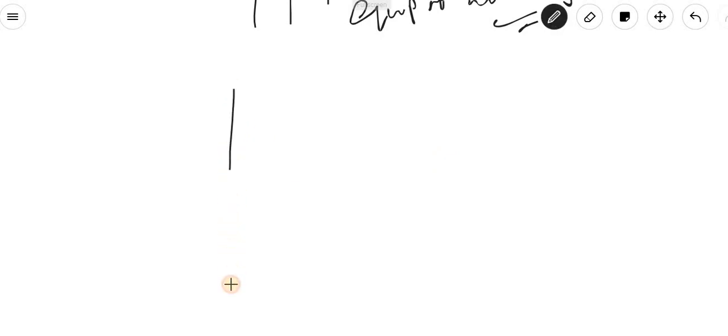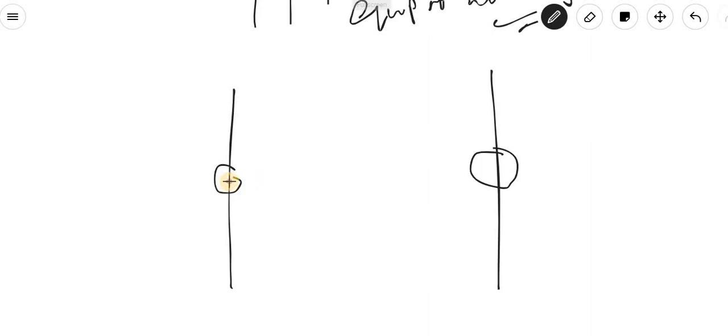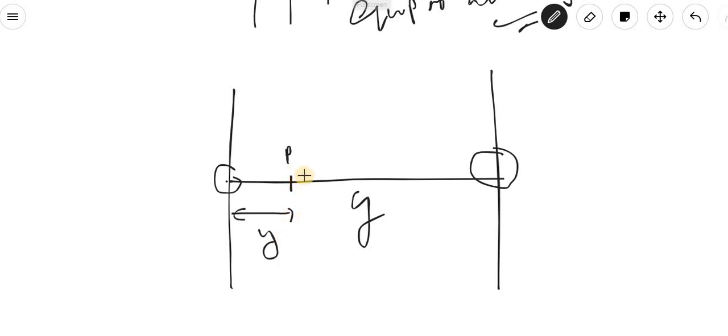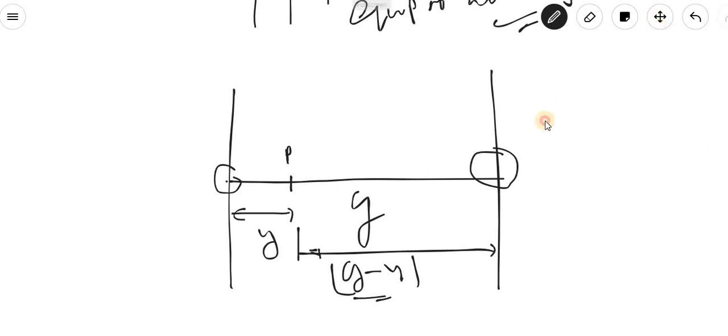This was the conductor we considered, this was the radius, and the center to center conductor distance was G. Anywhere along this line, at a point P, if the distance from this point is y, then from the other it is G minus y.